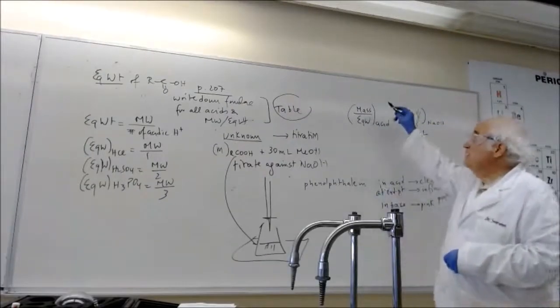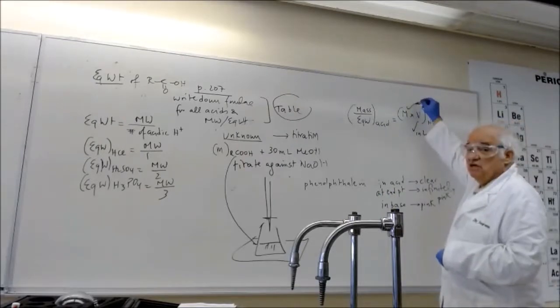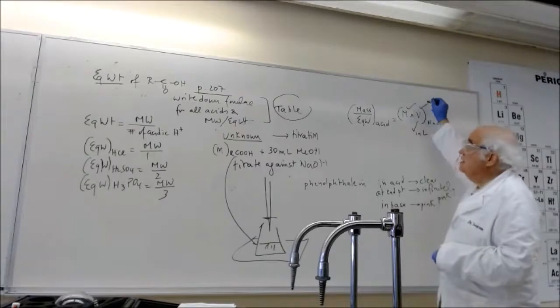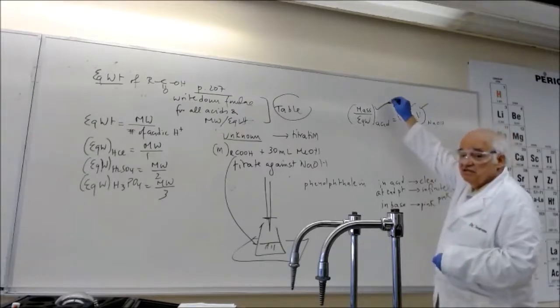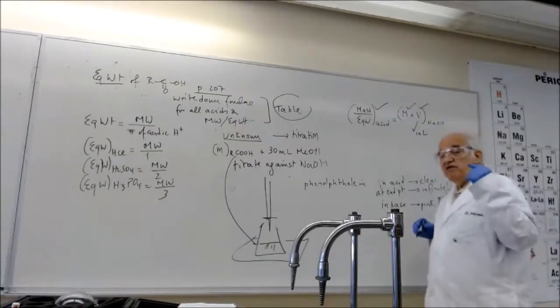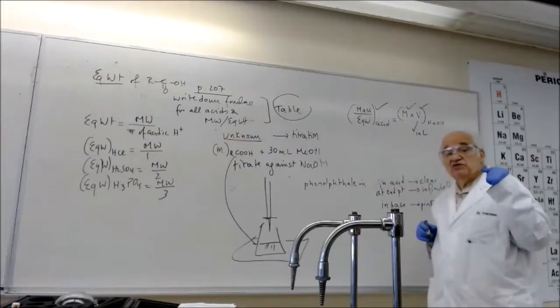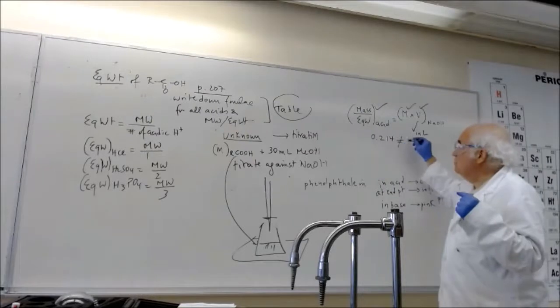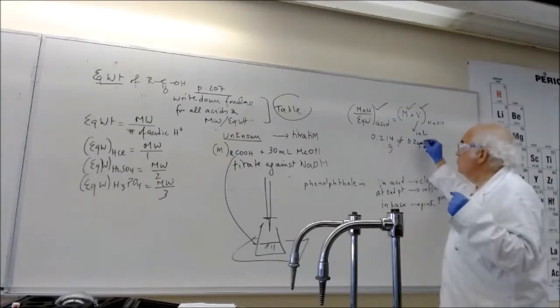So we have the molarity, which is known, the volume, which is in liters, and the mass, which is measured, and you have to measure it all the way to the last decimal point the balance allows you. So 0.214 grams is not equal to 0.2 grams.